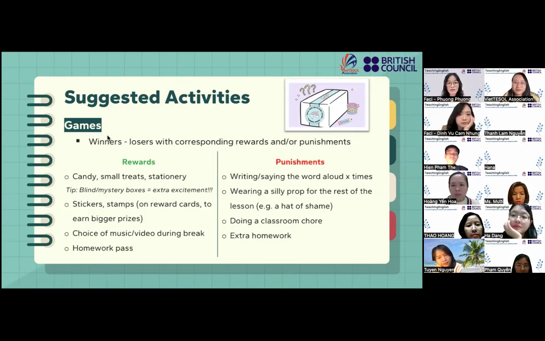Maybe for two or three lessons in one semester, instead of just giving the students the rewards, you put them separately into small boxes or black plastic bags, and then you let them pick and choose. When they open the box or the bag, they will have this element of surprise, and then they will be more engaged. They will pay more attention to the class.